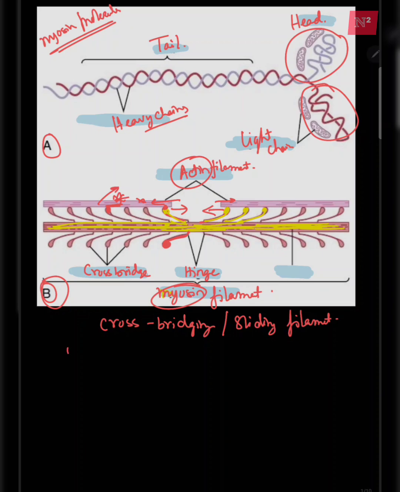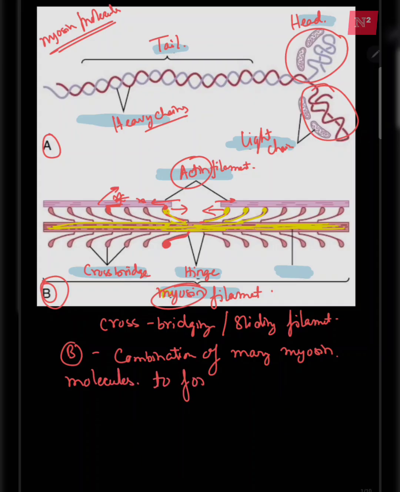So B over here is showing you a combination of many myosin molecules to form a myosin filament.